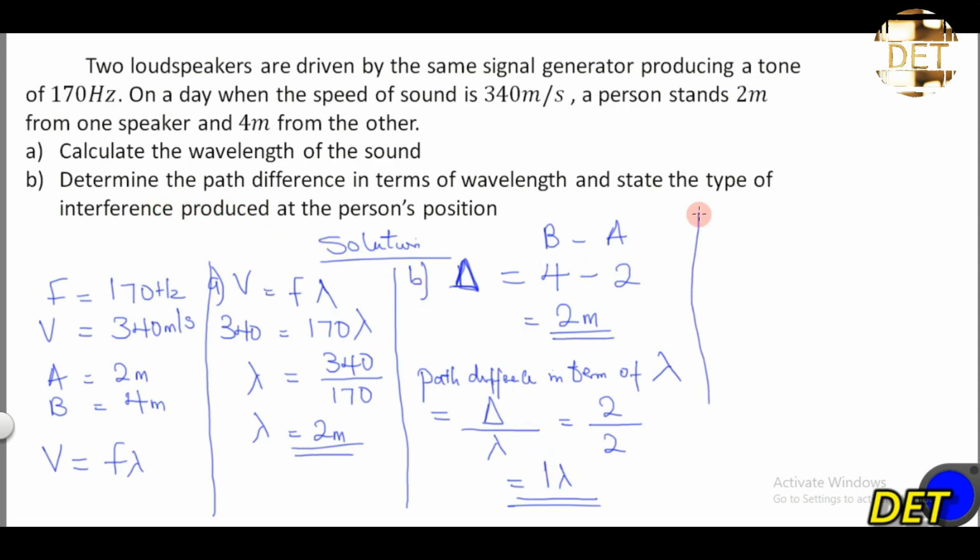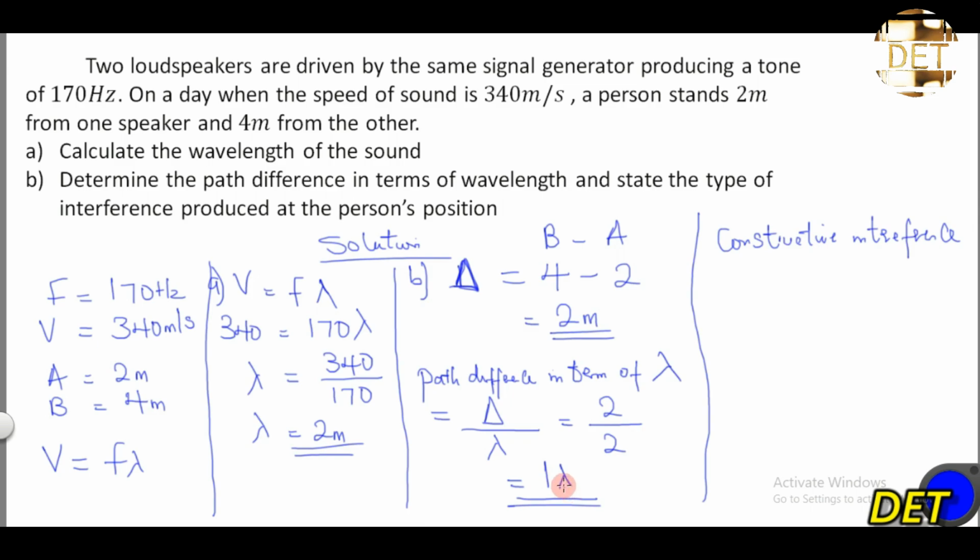The next thing is to state the type of interference produced. The type of interference produced is constructive interference. And why is it constructive? It is constructive because the path difference in terms of wavelength is a whole number, 1 lambda.